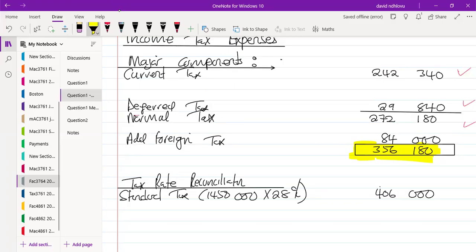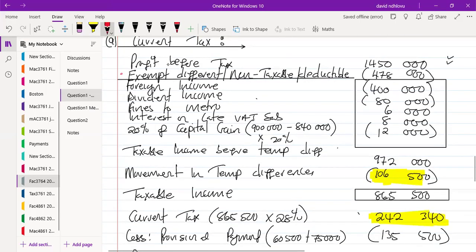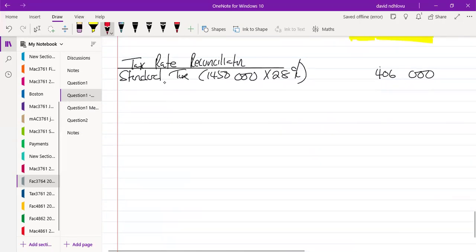Now, this is because in this instance, we had exempt differences, which we did not include in calculating this. But how did we calculate this figure? By factoring in current tax and deferred tax. In calculating current tax, we did not include exempt differences. We eliminated exempt differences. But here in our calculation, we have not eliminated any exempt differences.